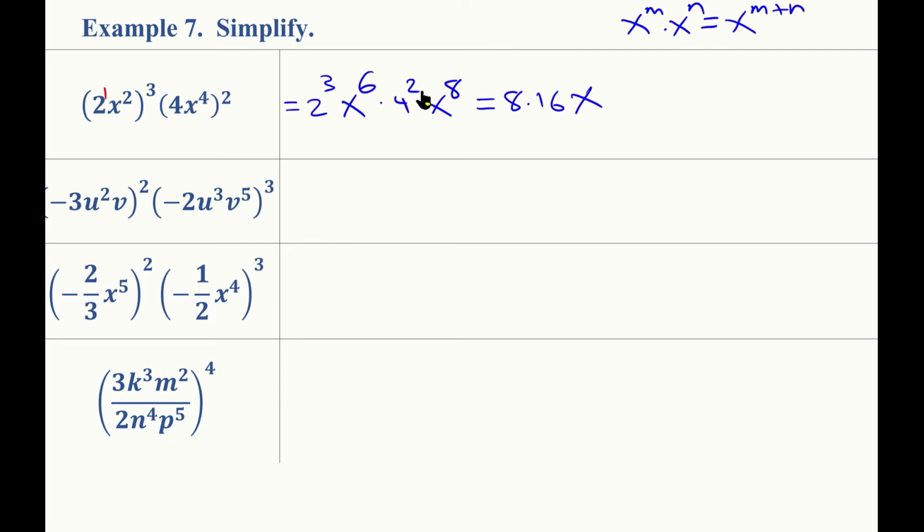So we get 6 plus 8, which is 14. So we just need to take care of 8 times 16. Now, we know that 8 times 10 is 80, and 8 times 6 is 48. So 80 plus 48 should give us 128 x to the 14.